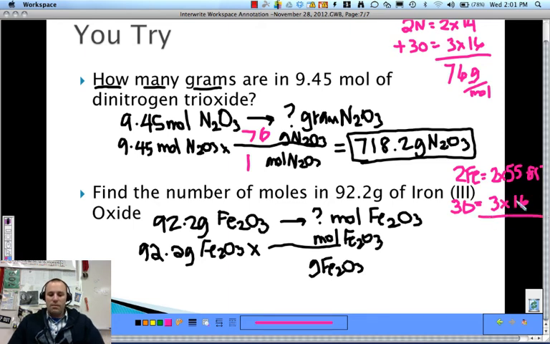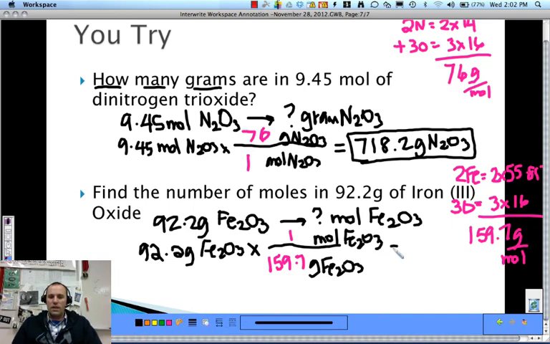So when you add that up, 2 times 55.85 plus 3 times 16, you get a grand total, a molar mass of 159.7 grams per mole. So that means that 1 mole is equal to 159.7 grams. Again, all these numbers are coming right from the periodic table.